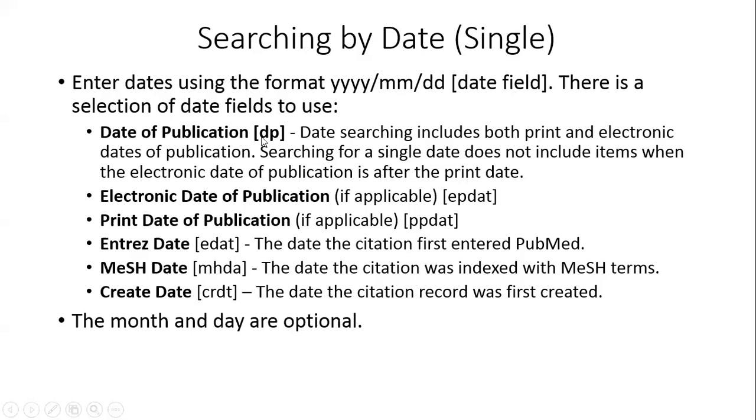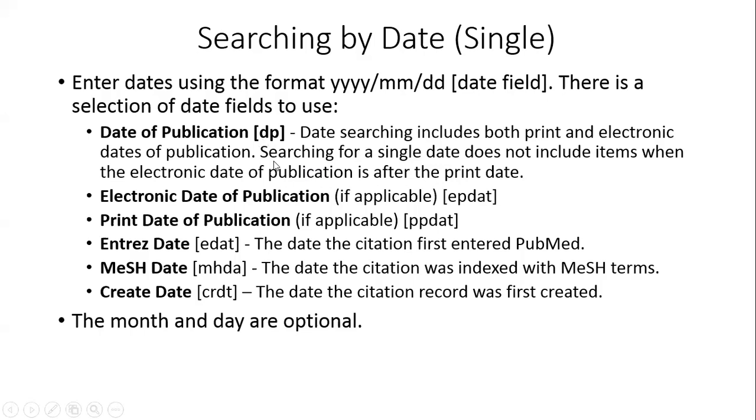Okay, so if you put some date and give a tag DP while searching, that would mean you are searching PubMed to include both articles that are printed as well as the electronic date of publication, right?